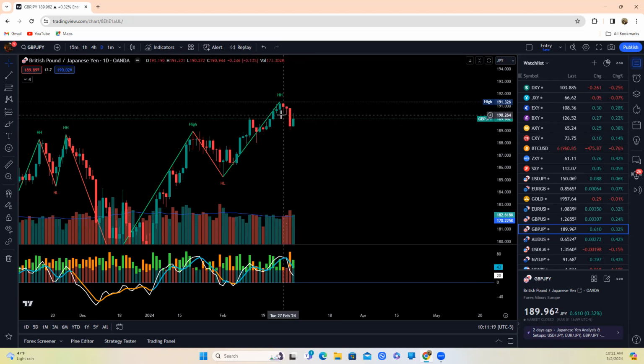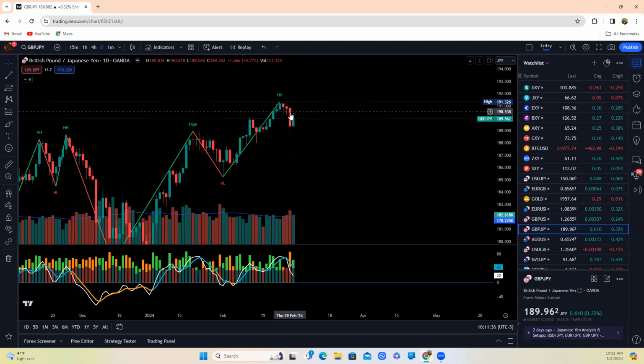Now the candle is going to be either red or green based off of whether the current price of the candle is higher or lower than the opening price.